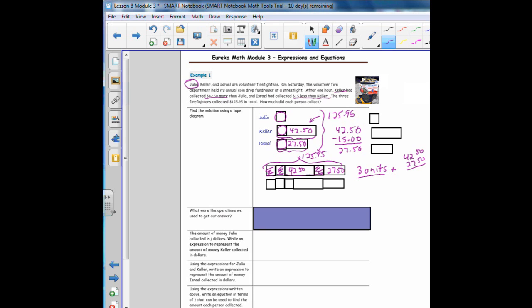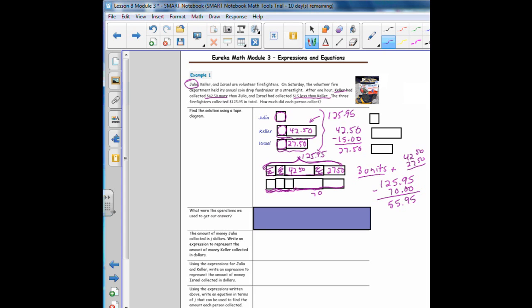Now, the money together equals $70, and these are the 3 units. So if we know that the whole amount is $125.95 and we take away the $70, then we'll know how much these 3 units represent. So $125.95 take away the $70 leaves us with $55.95.